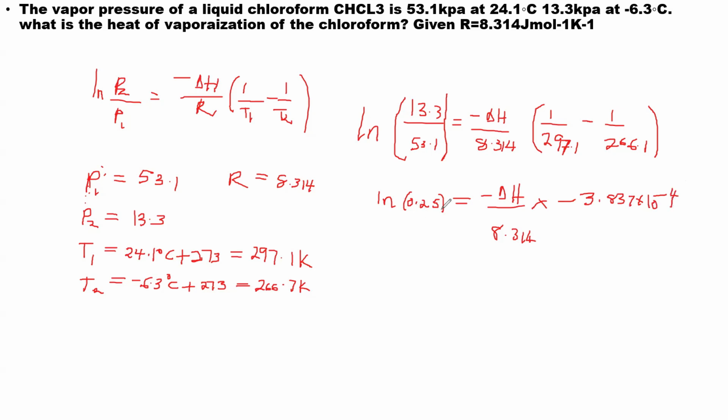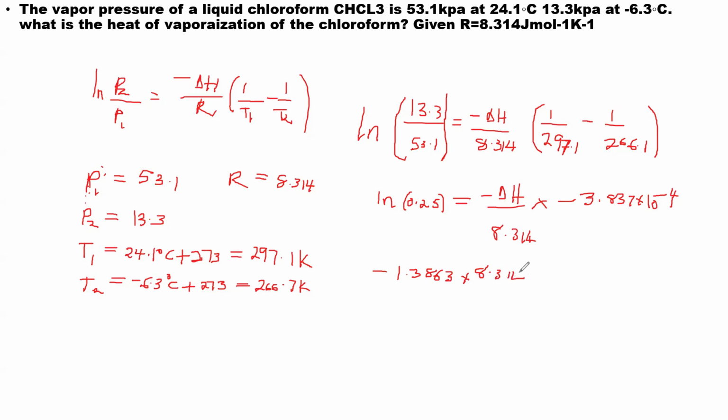So now ln 0.25 will give us minus 1.3863.